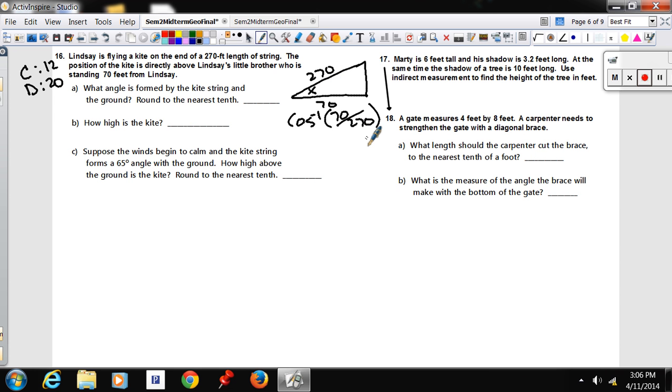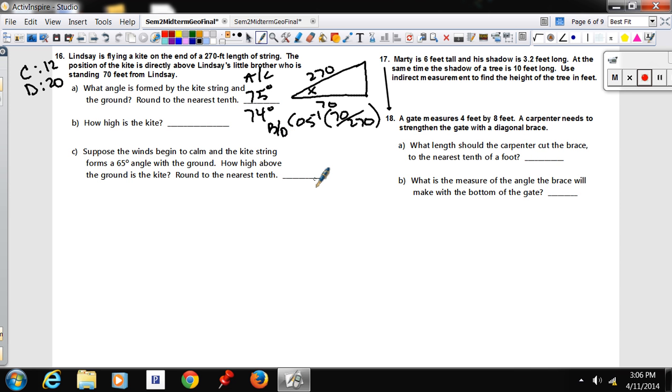Inverse cosine will give you that angle. And that angle was 75 degrees if you're on test A or C. And it was 74 degrees if you're test B or D.